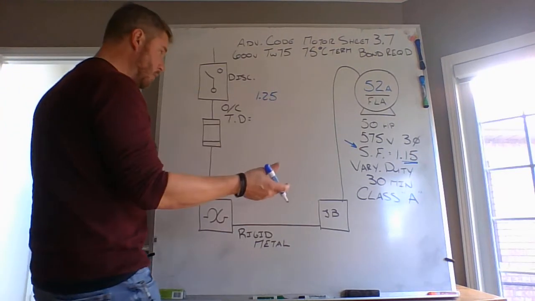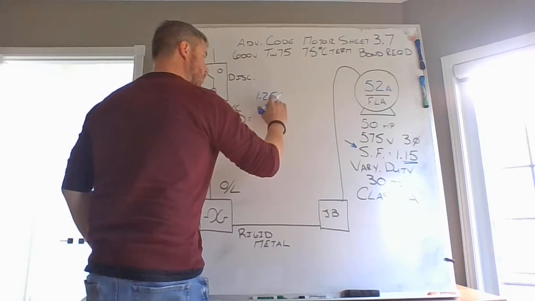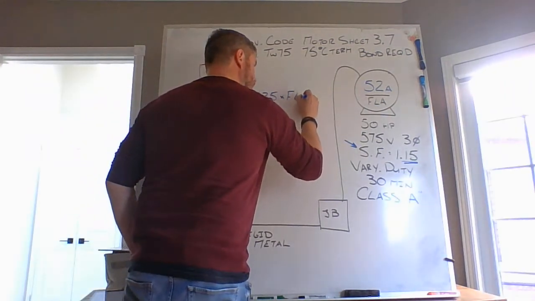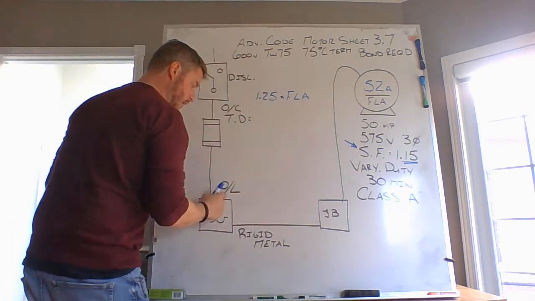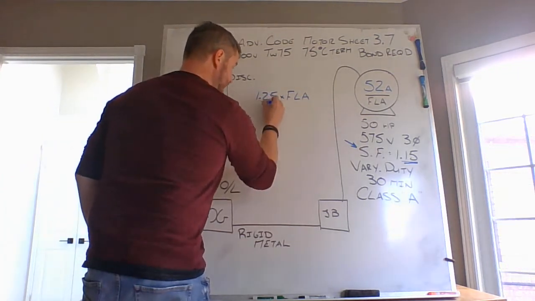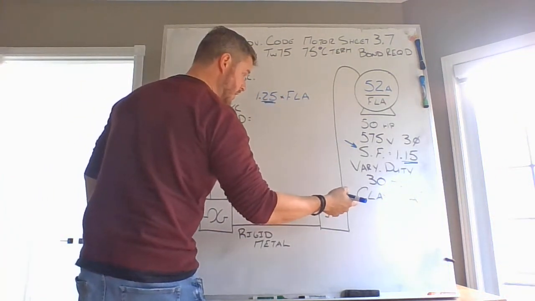So your multiplier for this motor is now going to be 1.25 times your full load current to determine your overloads. This is also the same multiplier for continuous duty service motors.